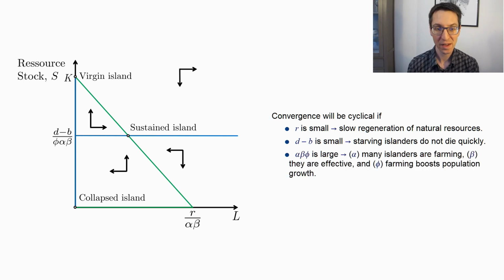And finally, if alpha beta phi is large: alpha, many islanders are farming, they like food; beta, they are effective at it; and phi, this farming boosts their population growth.